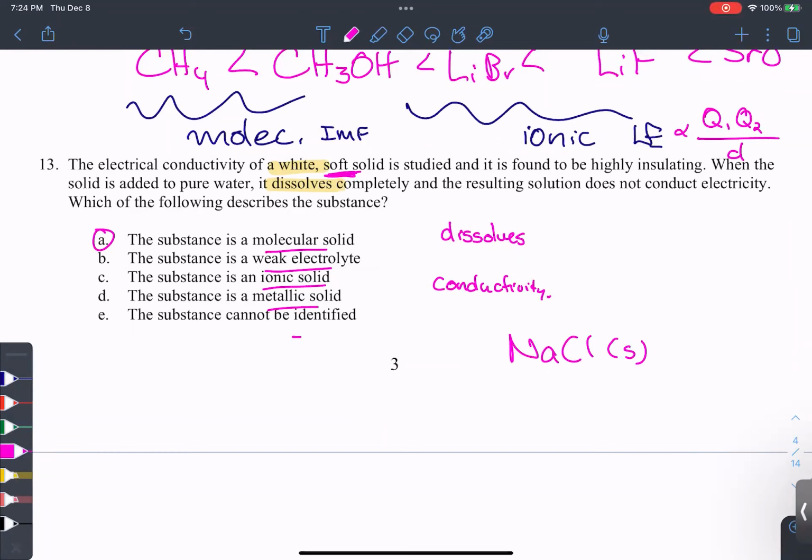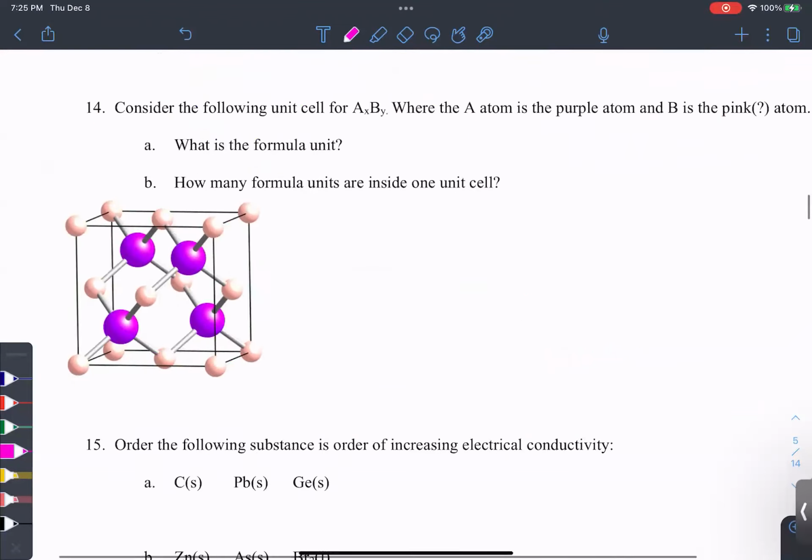But how can you get NaCl to conduct electricity? Dissolve it in water, yes. Metals do conduct in their solid phase because of the sea of electrons idea, those delocalized electrons, with really low ionization energies to relate to that.